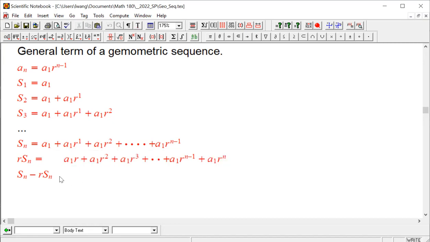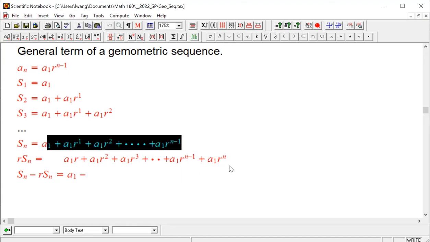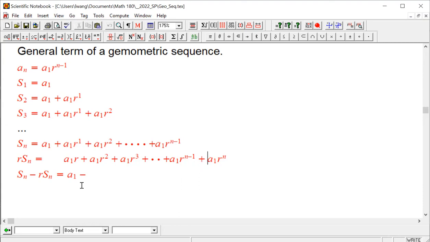So when we do the subtraction, what will happen? This piece subtracting that makes 0. This piece subtracting that makes 0. So we only have A sub 1, minus, because the top subtracts the bottom, A sub 1 times r to the power n.